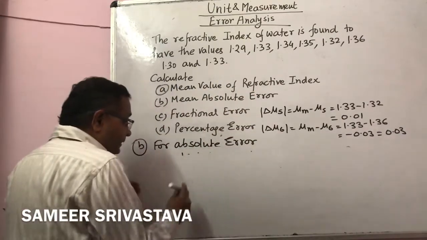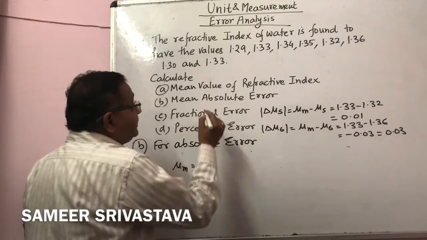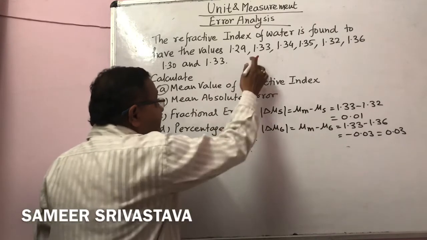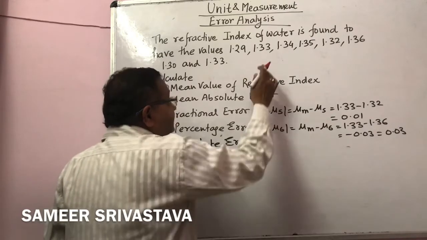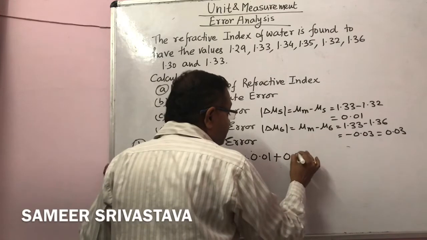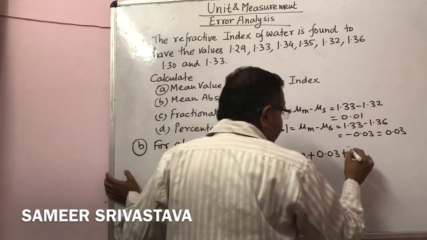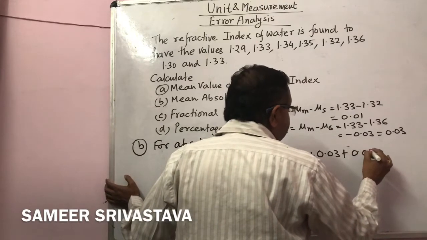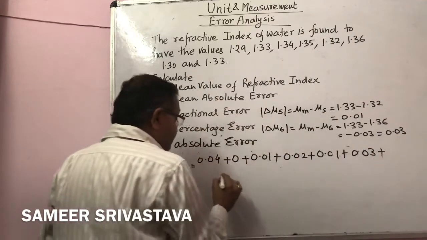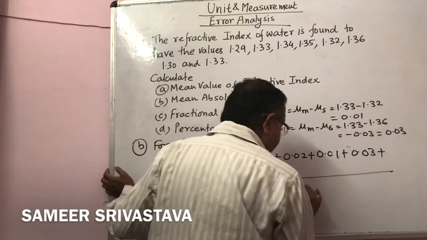Putting the values here, the first value we found is 0.04, plus the second value 0, third value 0.01, fourth value 0.02, fifth value 0.01, sixth value 0.03, seventh value 0.03, and eighth value 0, upon 8.